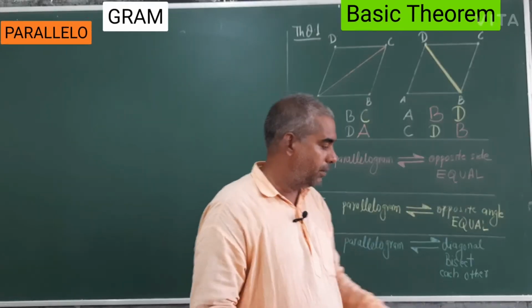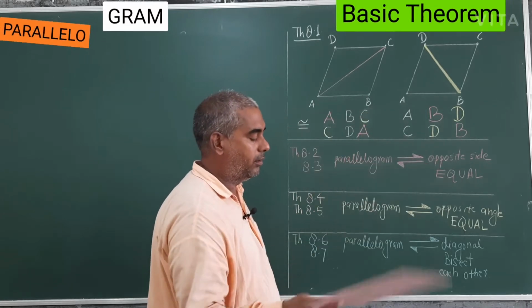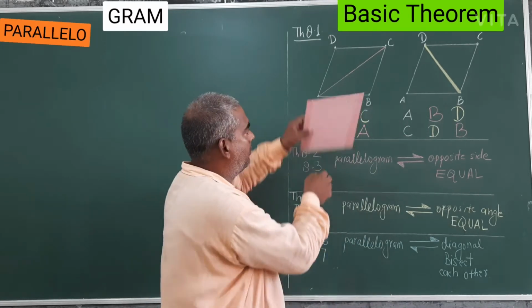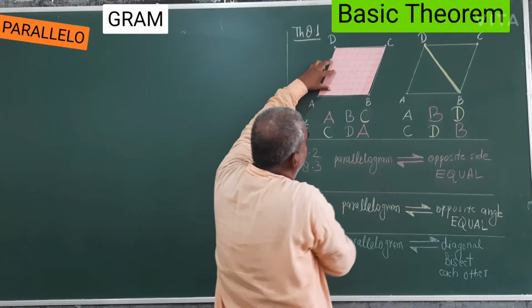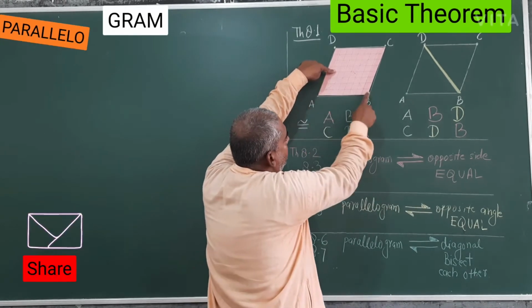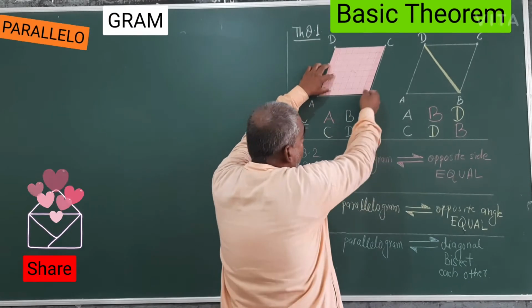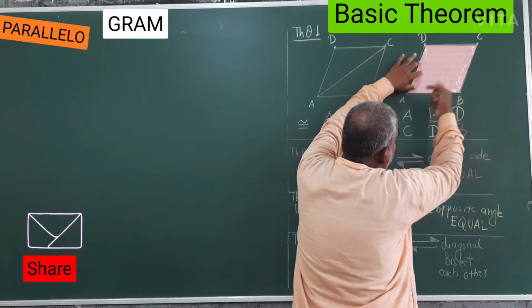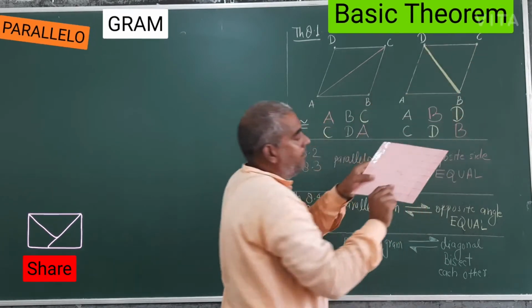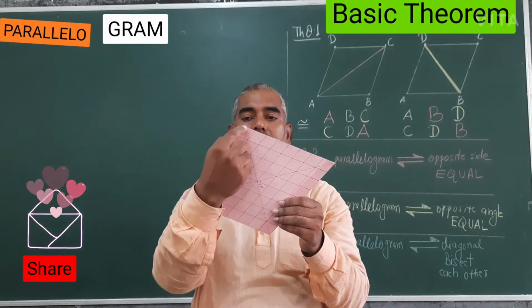So for example, take this one, this is the same figure which I have drawn on my board, you can check it. This is actually matching this. So this is A, B, C and D. This is a parallelogram. I have drawn lines here, if it is visible.